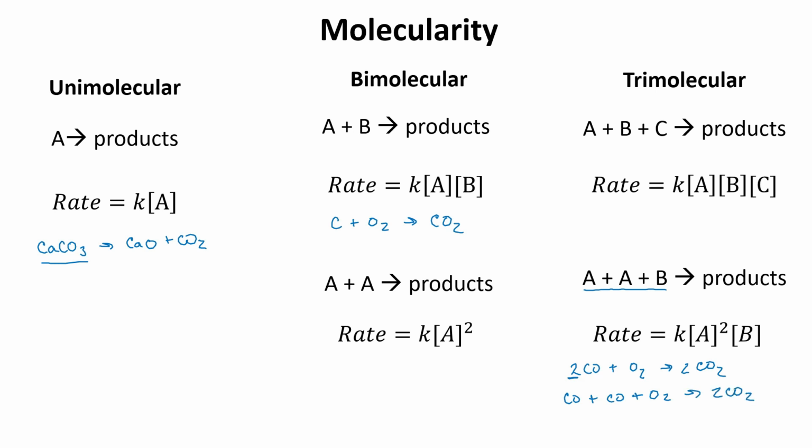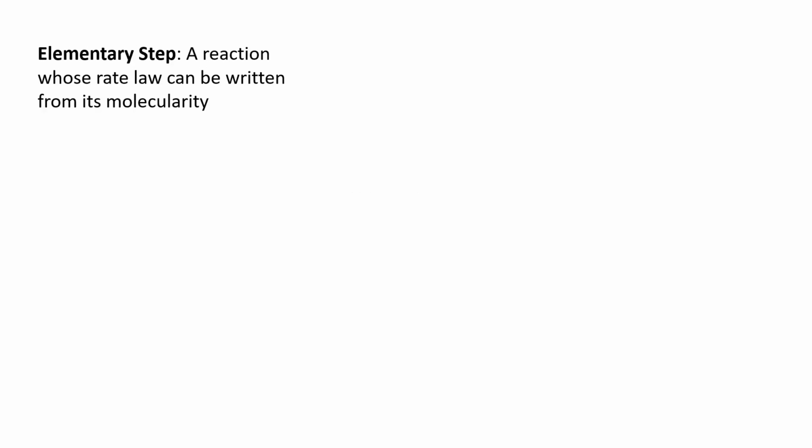Now that we have molecularity defined, I want to talk about some other terms before we jump into reaction mechanics. So first, let's talk about what an elementary step is. An elementary step is a reaction whose rate law can be written from its molecularity. Of course, we just talked about molecularity, and we just showed how all of those rate laws are written simply from molecularity.